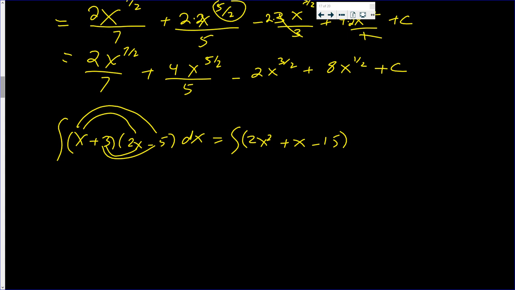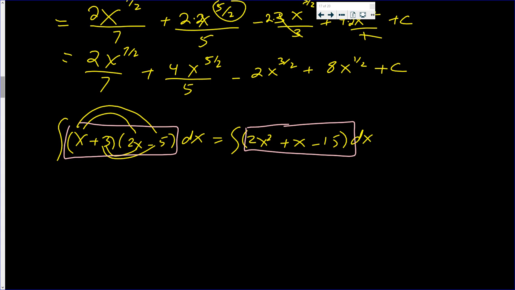Okay, and that equal sign is definitely right, because all I did was replace this with something that it equals. And I'm still taking the integral of it, and I'm still multiplying it by dx.